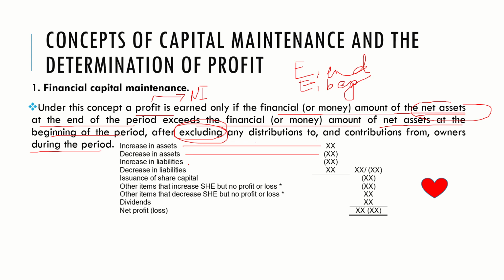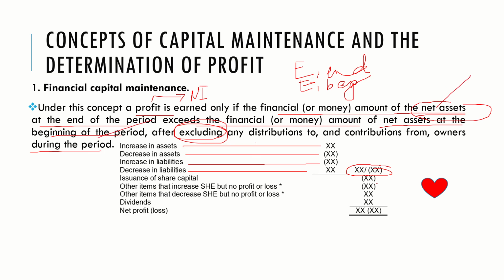Pag nag-increase yung liability, of course, magdi-decrease yung net assets, di ba? Pag nag-decrease yung liability, of course, there is a corresponding increase in the net asset. That's why this is referring to the increase in our capital, yung difference ng net asset beginning at saka ng net asset ending.